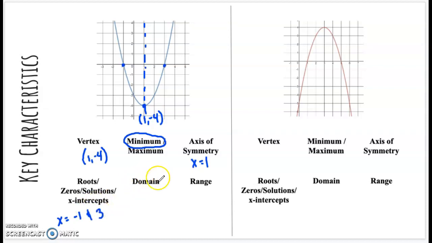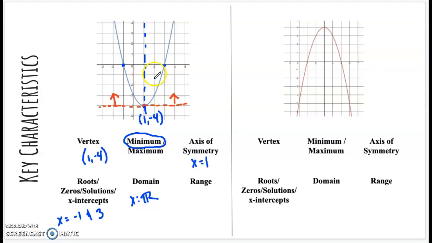We can also figure out the domain of our function by thinking about how wide our function is across our x's, or our x-axis. So we know that the domain is all real numbers here. And we can also look at that range, and this is where, if we were in class in person, I would do my very dramatic karate chop on the board to show that our range is from here up, right?